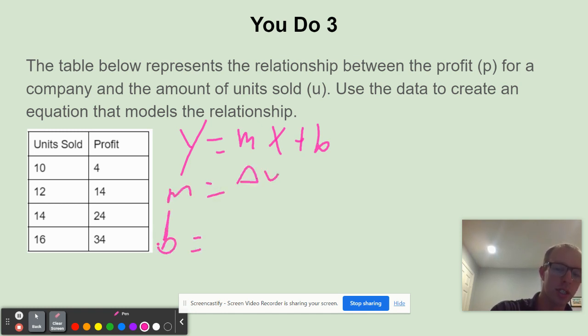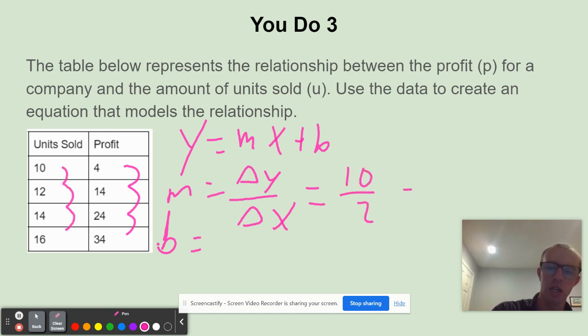M is equal to the change in y over the change in x. Y is changing by 10 each time here. X is changing by 2. 10 divided by 2 is 5. We have to count backwards to get the y-intercept.